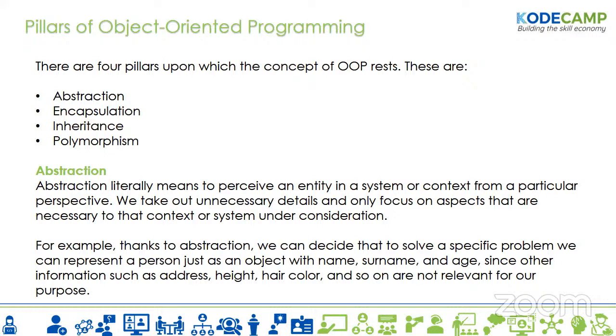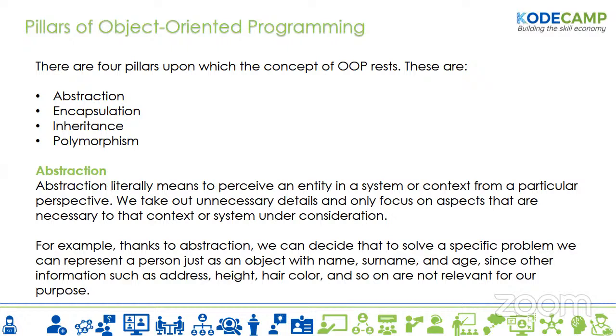So let's start by talking about abstraction. And when we say abstraction, what does abstraction mean? Now, abstraction literally means to perceive an entity in a system or context from a particular perspective, okay? So you are trying to perceive an entity in a system or a context, and you're looking at it from a perspective.